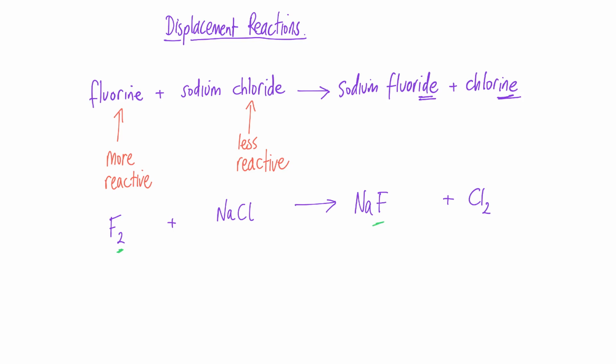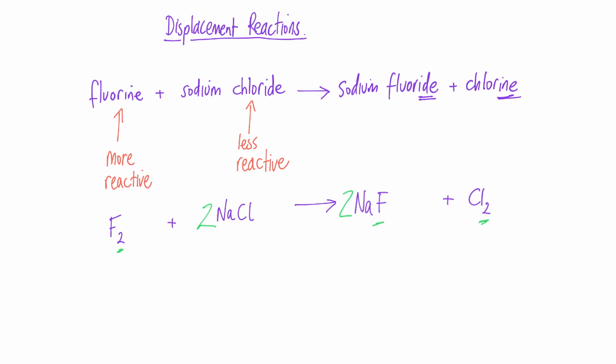I can't put things in the formula. That's going to change my formula completely. I can just change how many I have of that. So I've got 2 NaF. That then means I'm going to have 2 sodiums. So I can put a nice big 2 there, which also then helps me to balance up this Cl2 here. So that's my final balanced symbol equation for the displacement reaction of fluorine with sodium chloride.